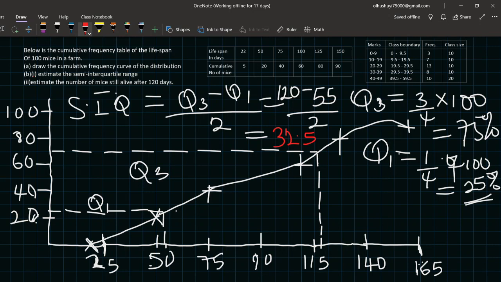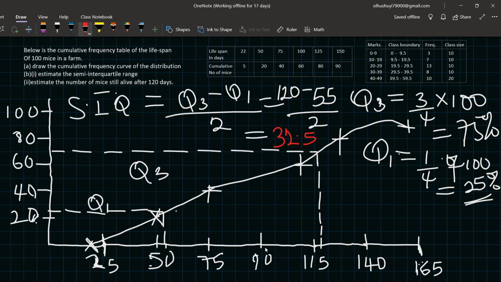Then the next question is estimate the number of mice still alive after 120 days. Where's our 120? Good. The 120 days stands for the cumulative, the upper class boundary, right? So come here, locate the point for 120, and coincidentally it was what we have done before.